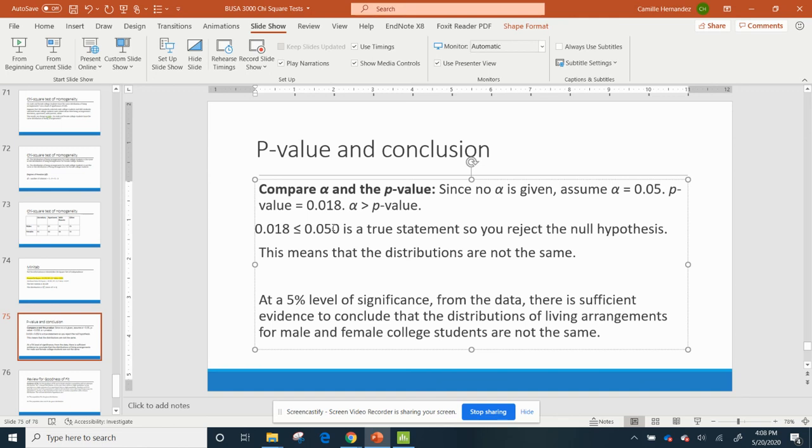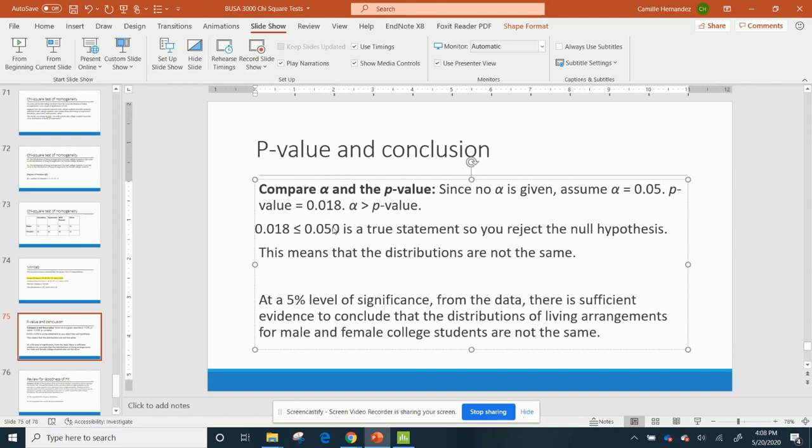It's a true statement, so I reject my null. That means at the 5% level of significance, from the data there is sufficient evidence to conclude that the distribution of living arrangements for male and female college students are not the same. Those two distributions are different.